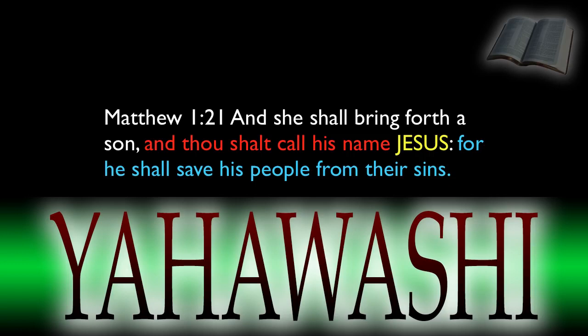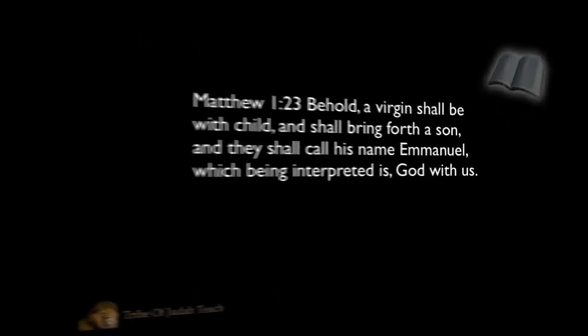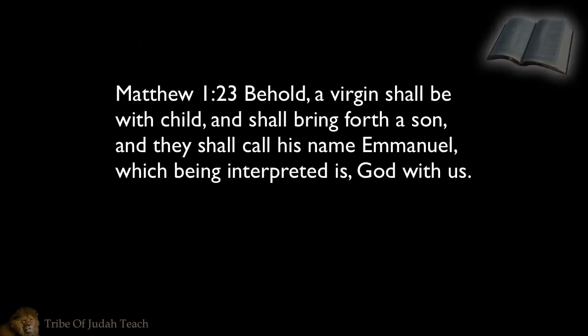Now, even though the angel told Mary to name him Yahweh Shai, when you go down to verse 23, it says, "And they," meaning the people, "shall call his name Emmanuel." Now, have you ever seen a verse in the Bible where anybody ever called him Emmanuel? No, because that's not what it's saying. What does Emmanuel mean?